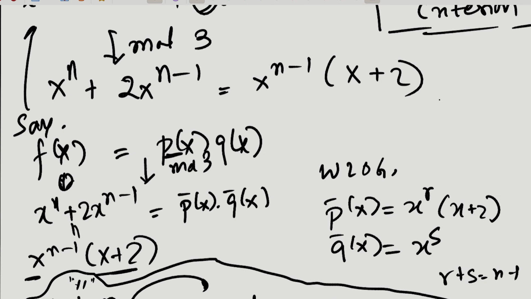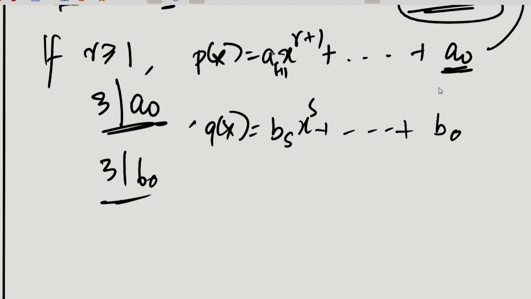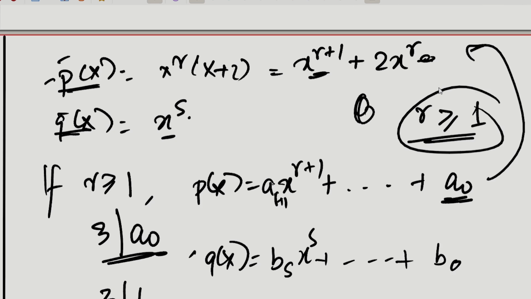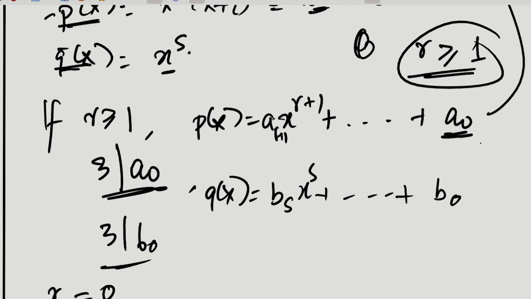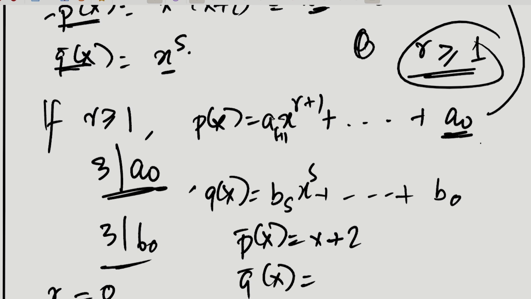Since f of x is equal to px times qx, and the constant term of both px and qx is divisible by 3, it must be that the constant term of f is divisible by 9, 3 times 3, which is not the case. So r must be equal to 0, which implies that the only way you can split f of x, if it were to be reducible, is if p bar x was x plus 2, and q bar x was x to the n minus 1. That's the only possible split.